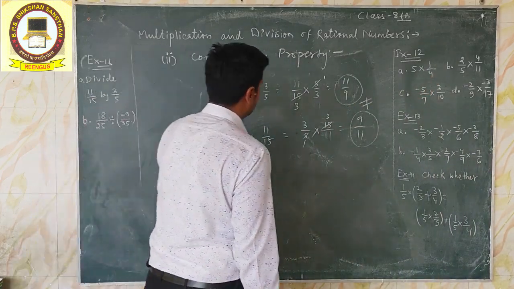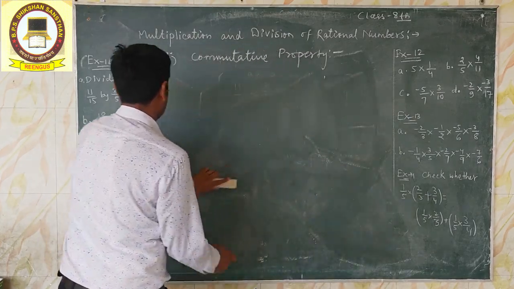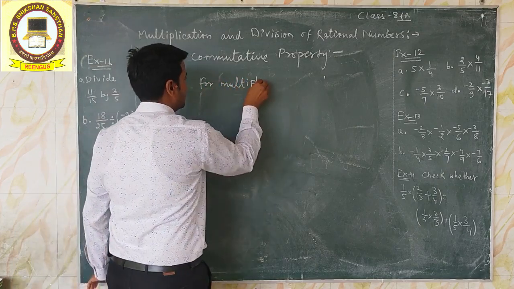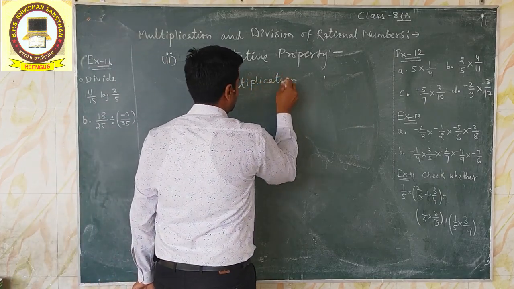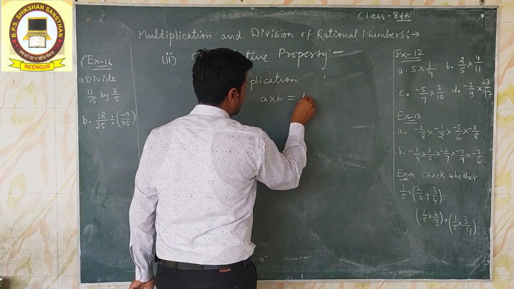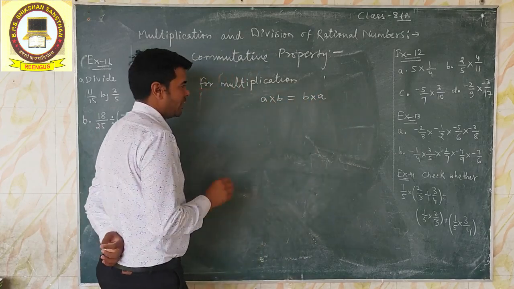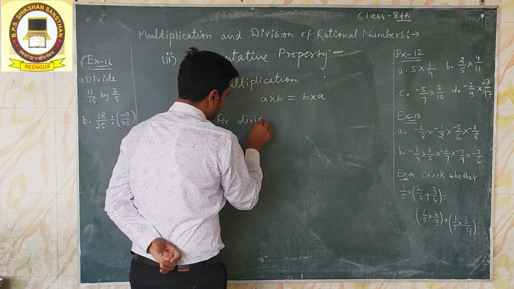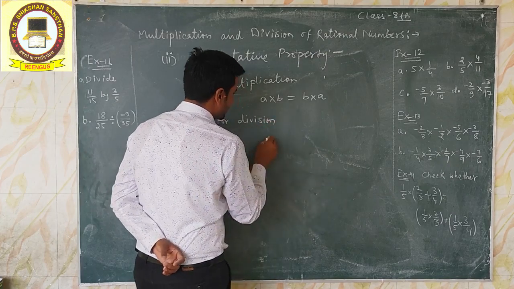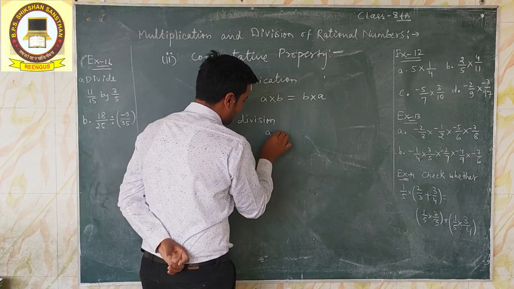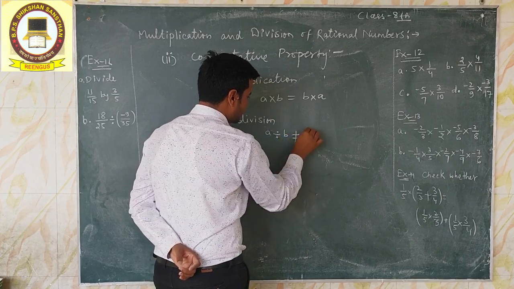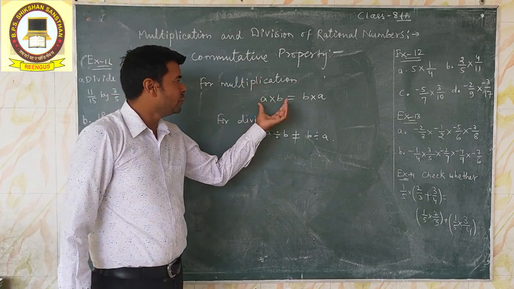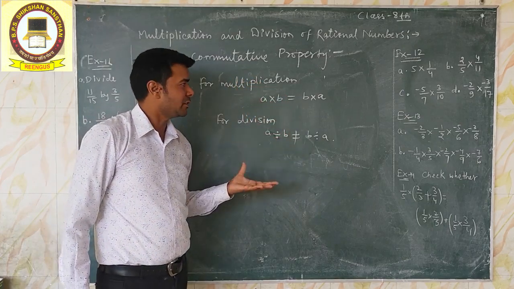For multiplication, we can say A multiplied by B is equal to B multiplied by A. But for division, we can say A divided by B is not equal to B divided by A. So the commutative property is true for multiplication but not for division.